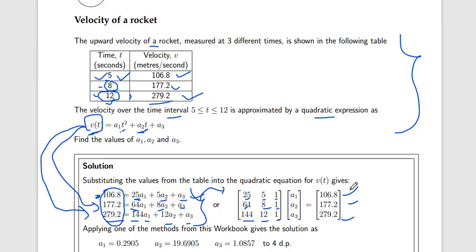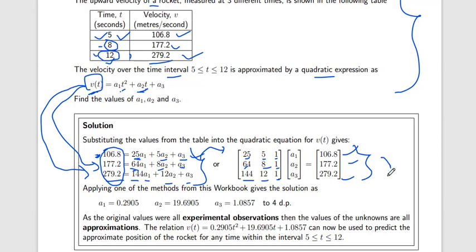After reducing this matrix to triangular form, we will get the answers for a1, a2 and a3.